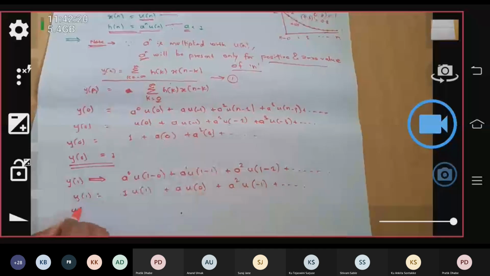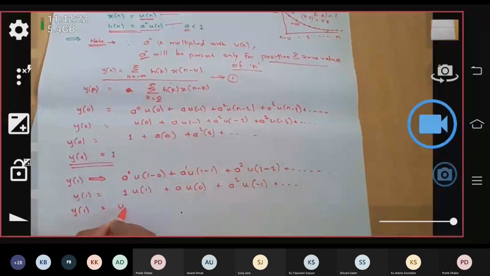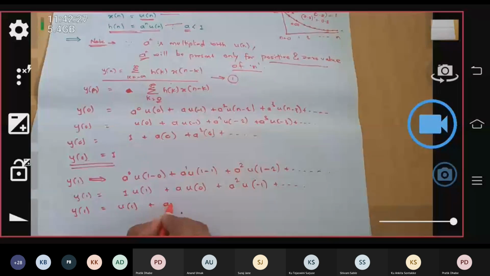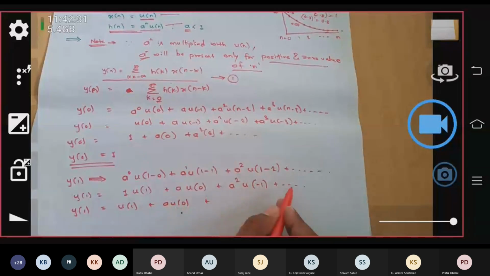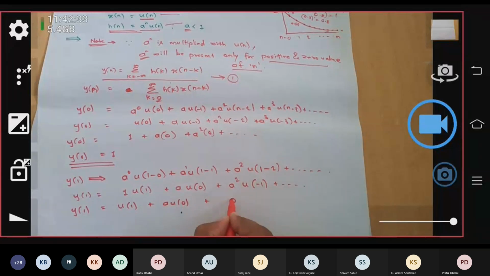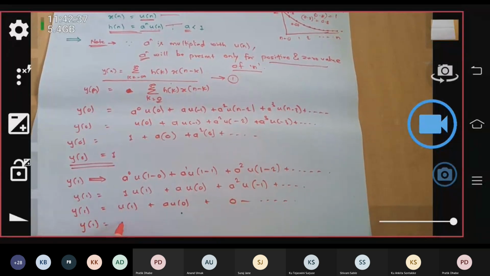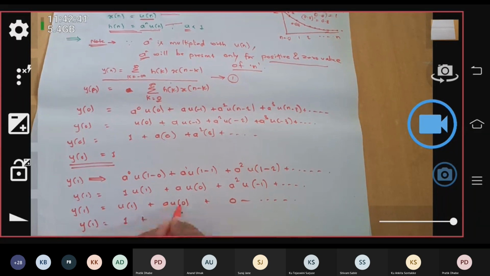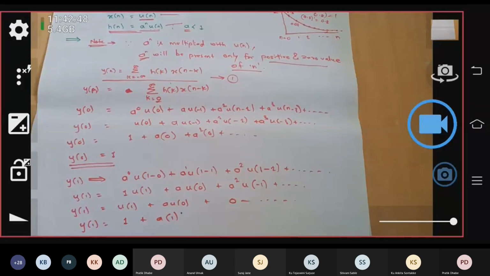If you observe this carefully, you will get u of 1 plus a into u of 0, plus u of minus 1, u of minus 2, and so on will be 0. So all these terms will be 0. So you will get y of 1 is equal to u of 1, which is 1, plus a into u of 0, which is 1. So you get y of 1 equals 1 plus a.